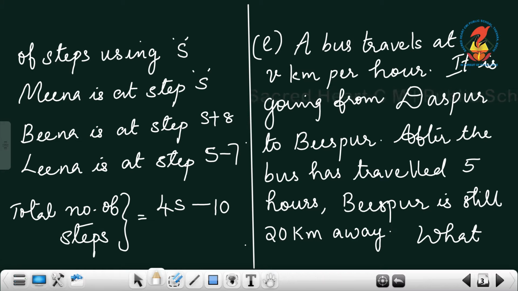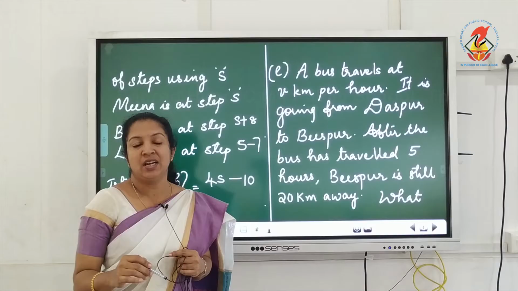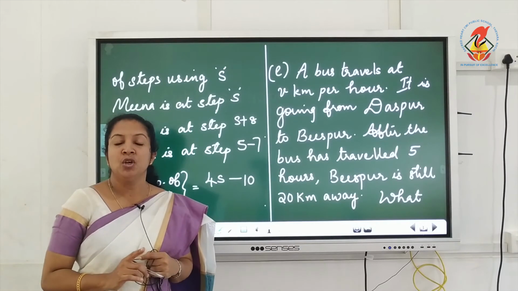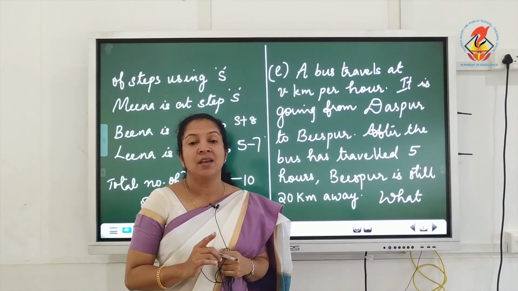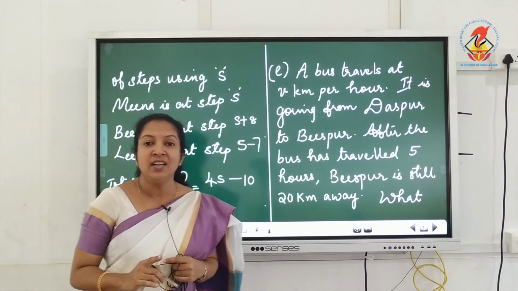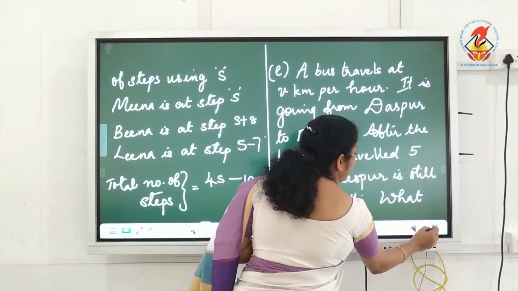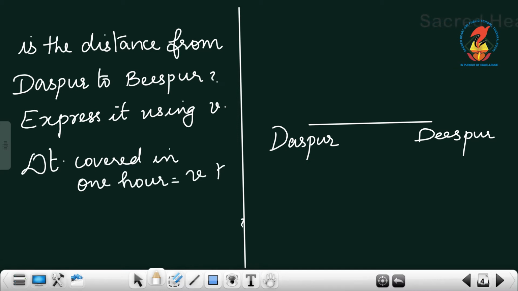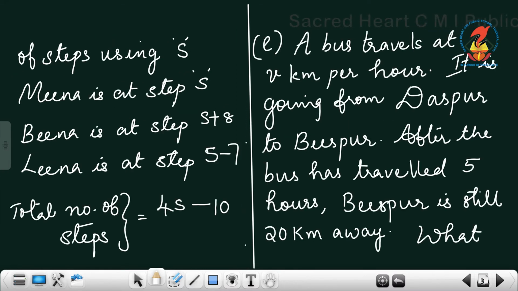What is given is the bus travels at V km per hour. That means the distance covered in 1 hour is V km.